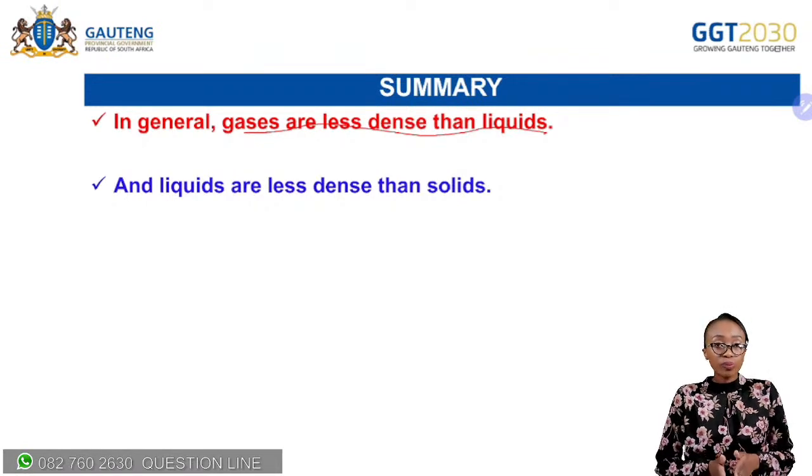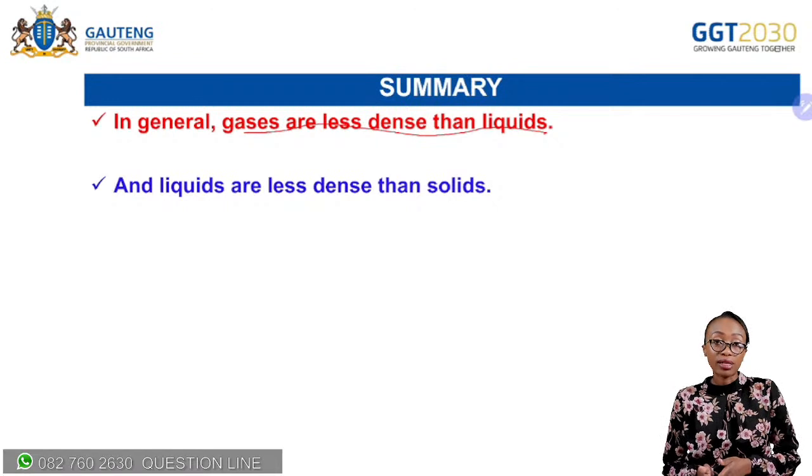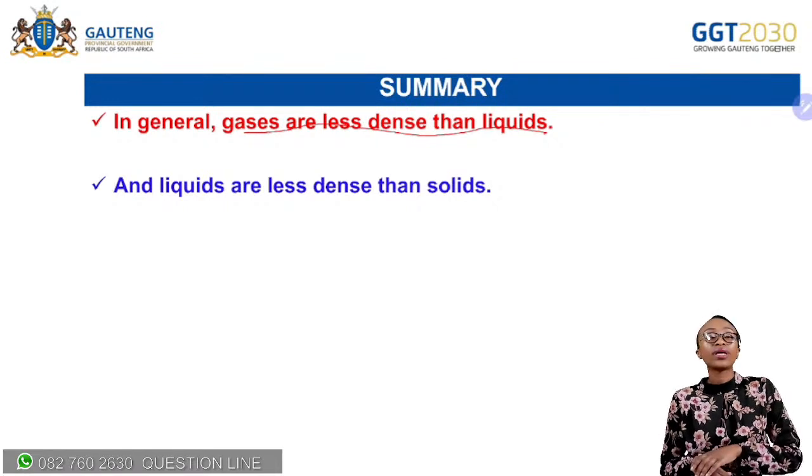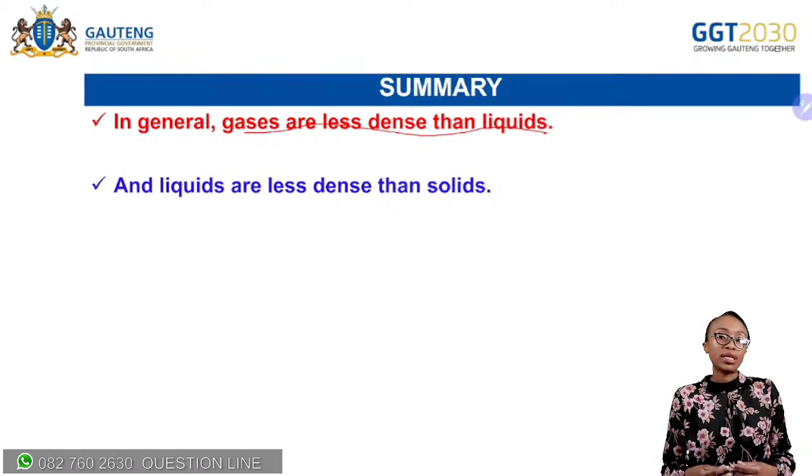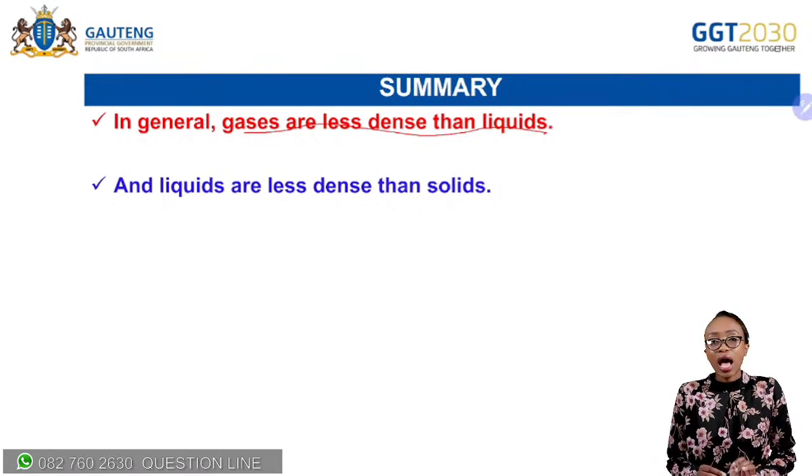There are more spaces in between liquid particles. That is why we can pour our cold drink and our tea, because the particles can flow on top of each other.